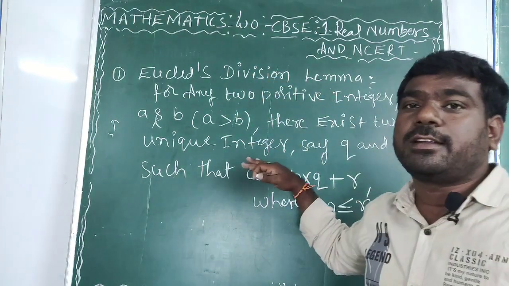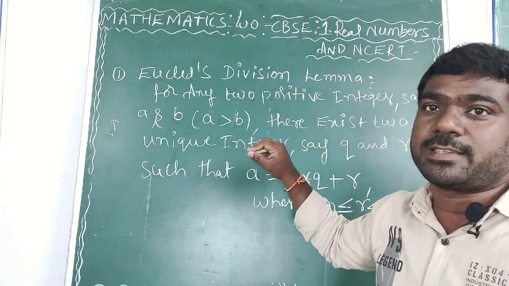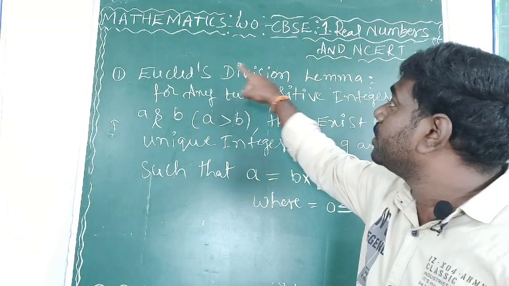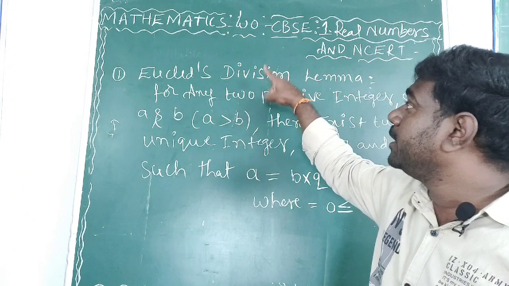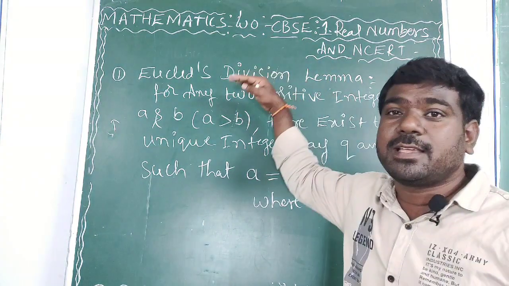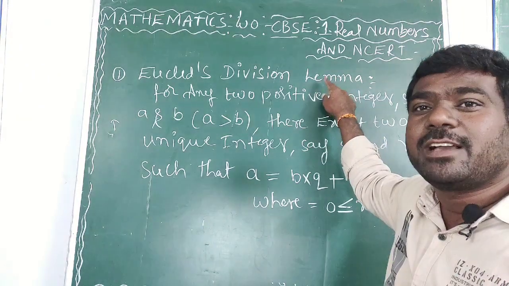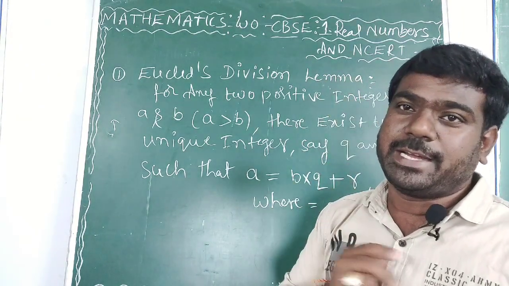This is called a generalization of the division process. This statement is called Euclid division lemma. Once you see the name lemma, what is the meaning of lemma? Lemma is a proven statement.